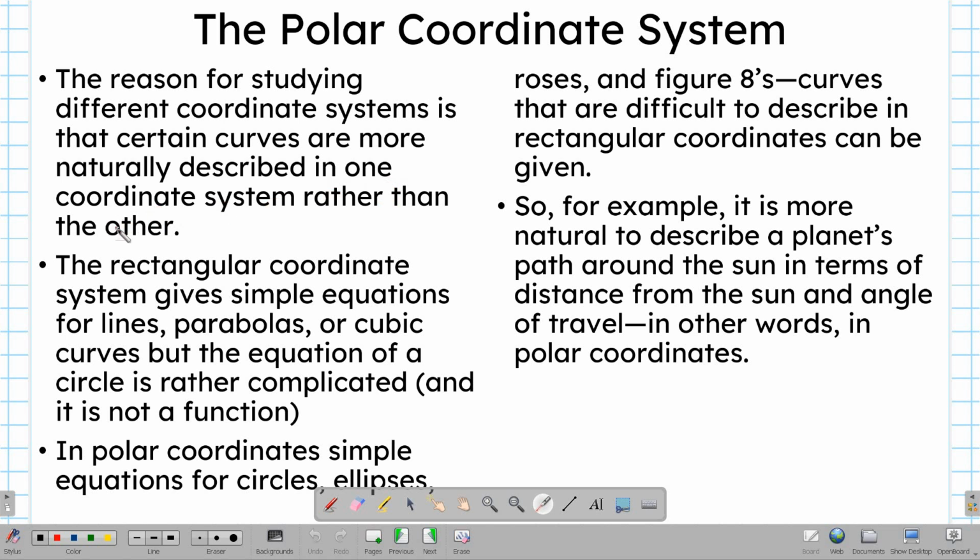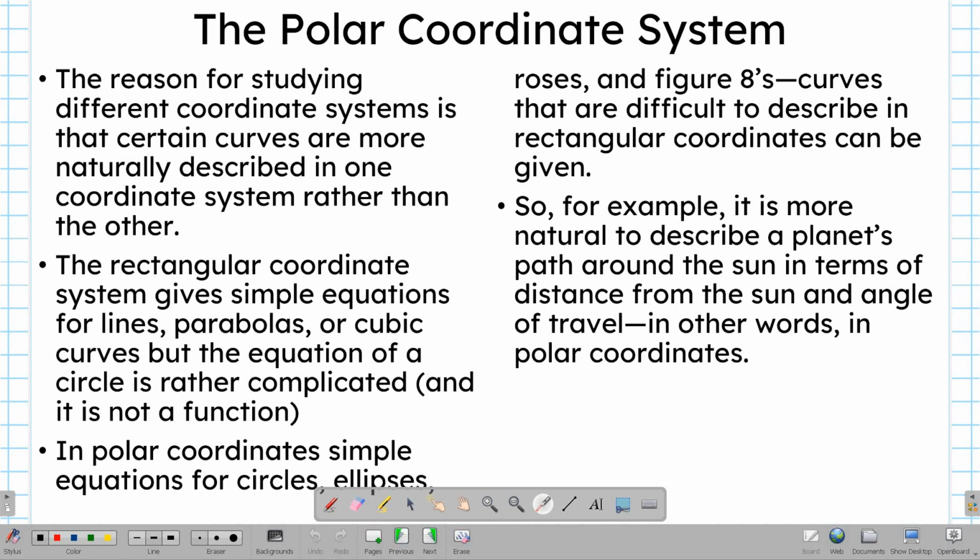The Cartesian plane, or the rectangular coordinate system, is where we start because it gives simple equations for lines, parabolas, or cubic curves. But for a circle and for other types of curves, it's complicated and it's not a function. In the polar coordinate system, circles, ellipses, roses, and figure eights, curves that are difficult to describe in rectangular coordinates, would be easier.